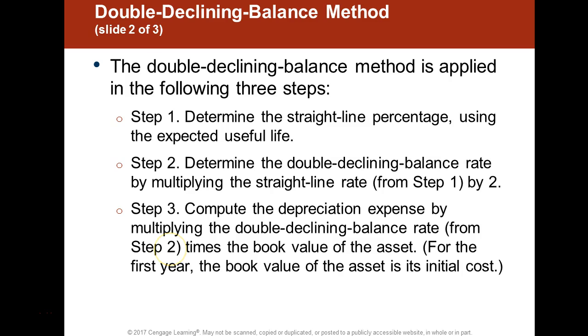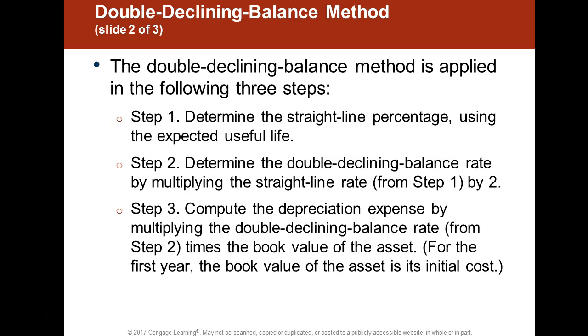So I'm going to take my 1 using my calculator, divide it by 5. I get 0.20. And because it says double declining, I'm going to take that rate and multiply it by 2. I get 0.40. That's going to be my rate that I will use for everything. Every time I record depreciation, that's going to be my rate.